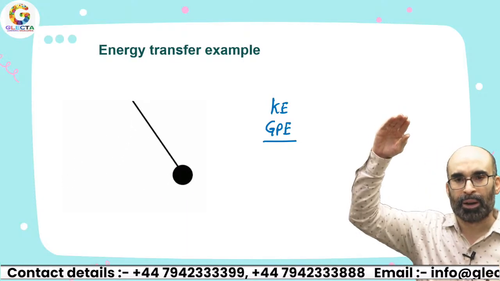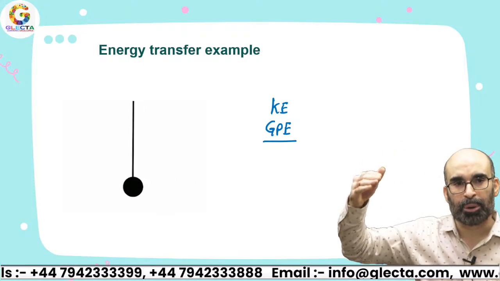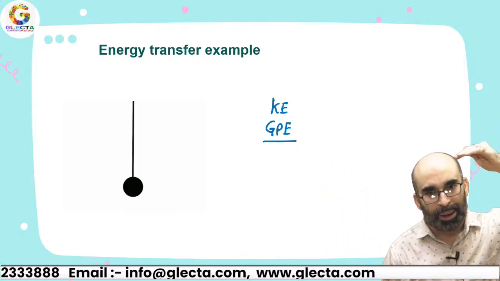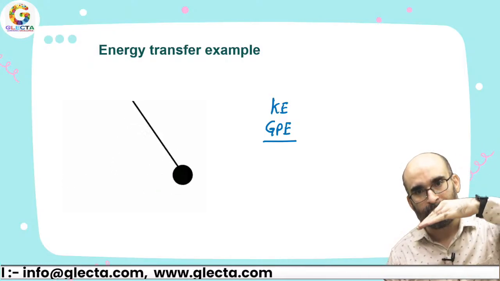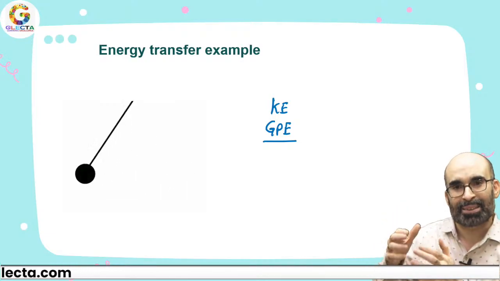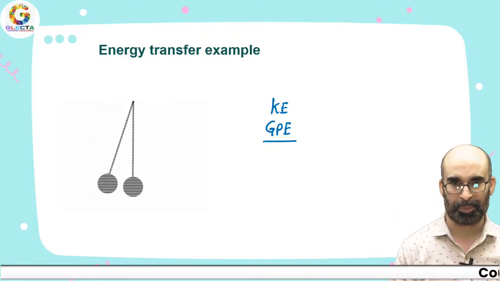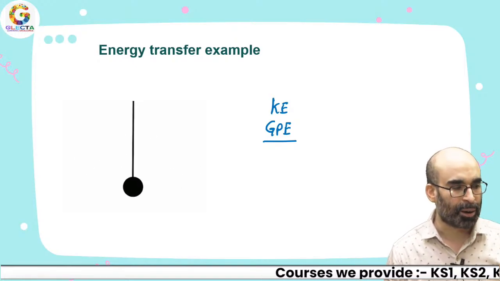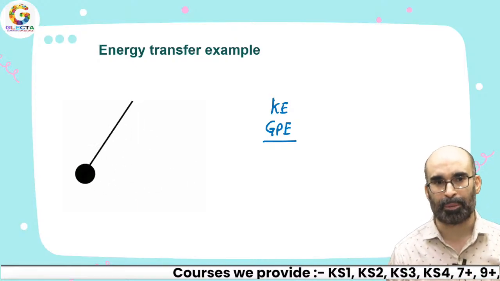At the top, you have maximum gravitational potential energy stored. When you come down, at the bottom, you have maximum kinetic energy stored. Right? So this happens in this set of examples.